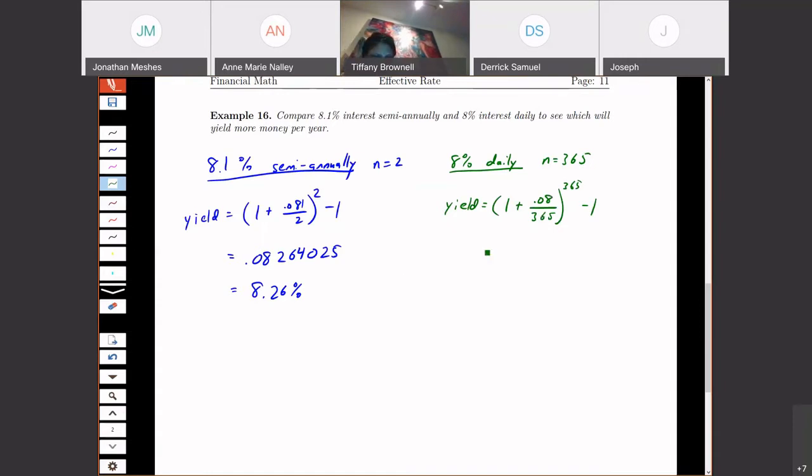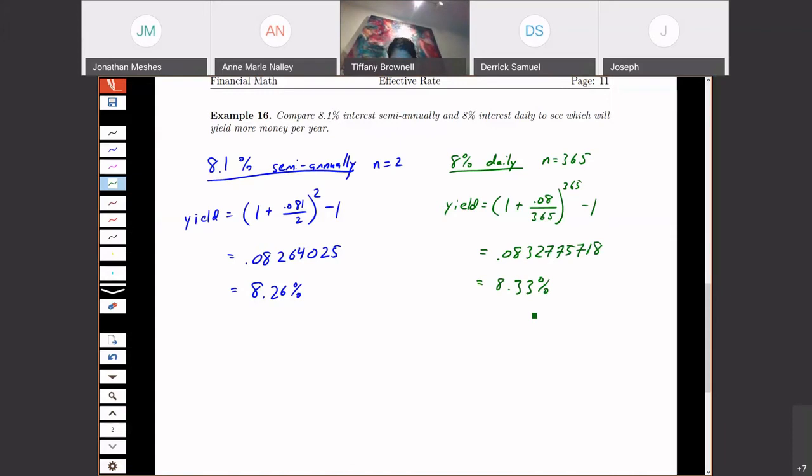When I punch those in on my calculator, I get 0.0832775718. Or again, if I convert to a percent, and I'll round to a couple decimal places, we get 8.33%.